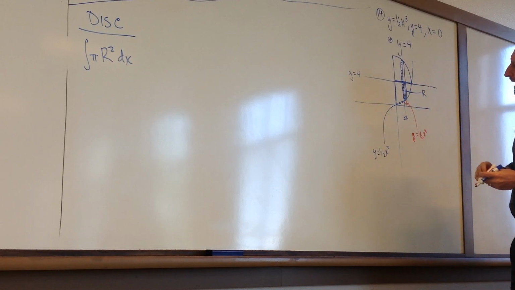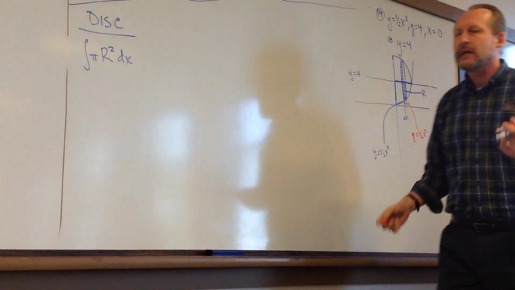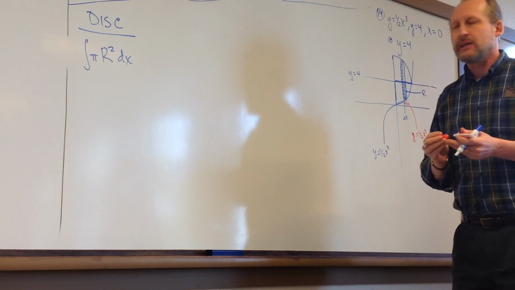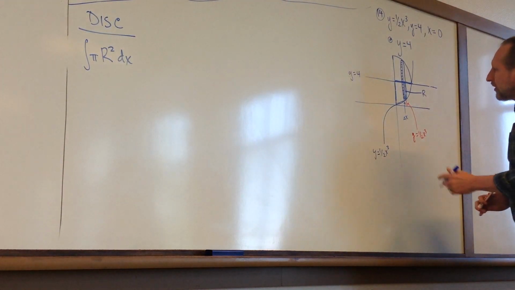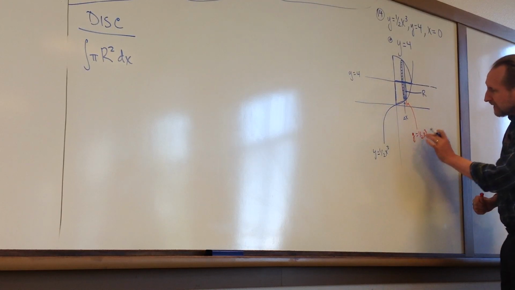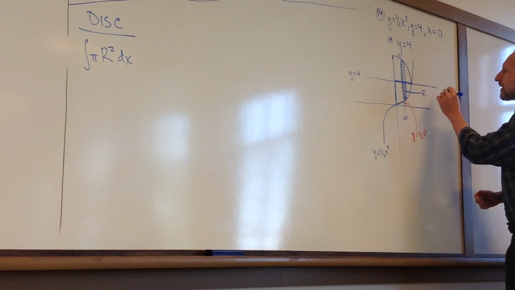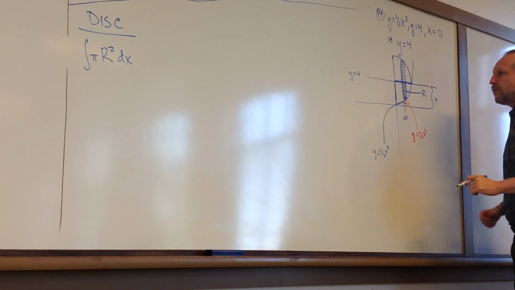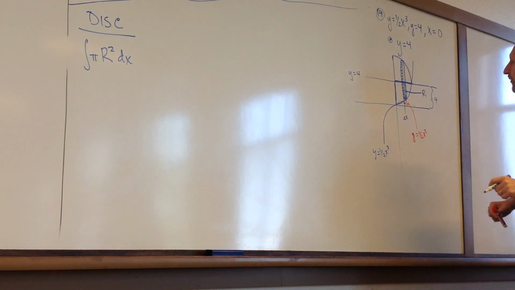So that's what's happening here, but notice that that's not the radius for our disk. Okay? So how do we get the radius for the disk? Well, we know that this little piece right here is a half x cubed. This whole piece right here is 4, because this is the line y equals 4.